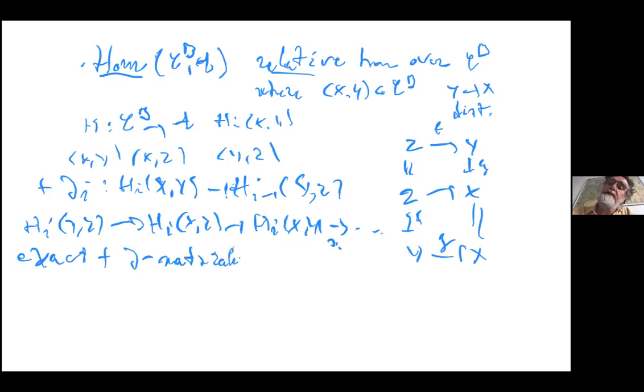So it means that if you have a map of triples, you can define a category of cubes instead of squares, and the delta naturality is just the usual condition that the deltas are natural with respect to the maps of triples, okay?